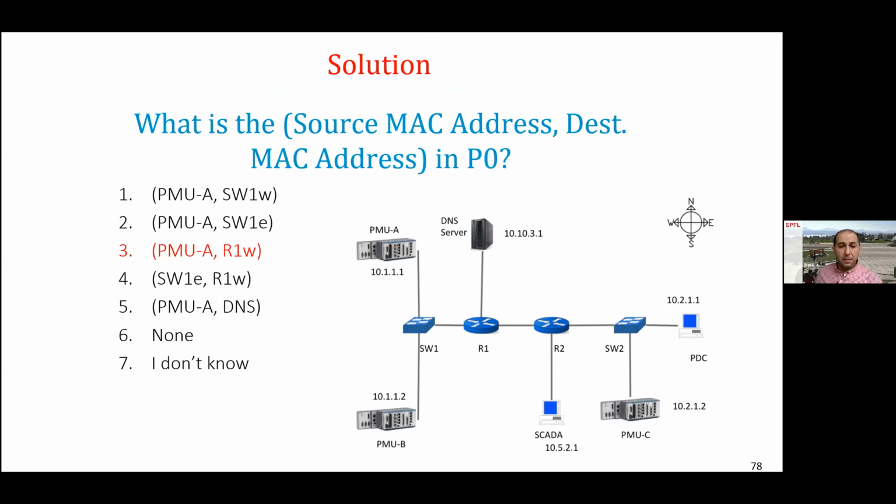The majority is correct this time as well. The source MAC address corresponds to PMU A, and the destination MAC address corresponds to the next hop within this LAN, which is the router R1. The switch is transparent in this communication.